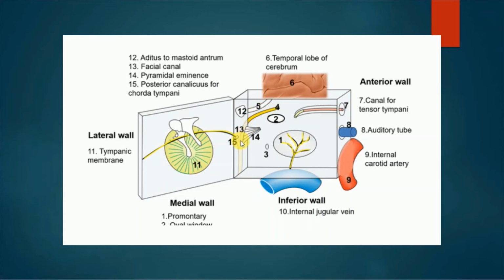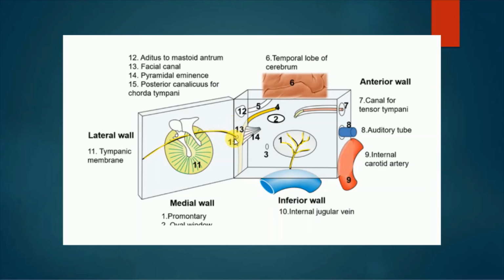Now, one important structure that I'm just going to go through briefly. Just remember, this is the chorda tympani. The chorda tympani is a bundle of fibers. Which fibers does it include? It includes the parasympathetic and the sensory fibers of the facial nerve. Again, the parasympathetic and the sensory fibers of the facial nerve. When we go through the facial nerve, we'll know where all the fibers are coming from.